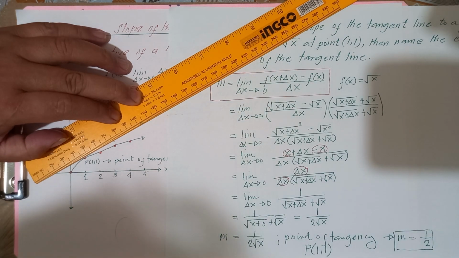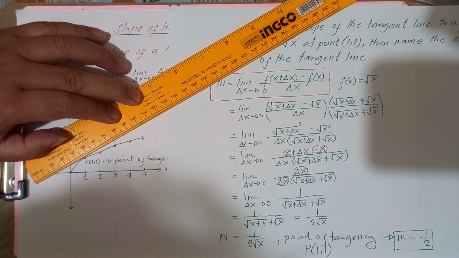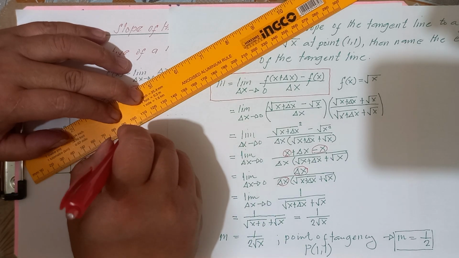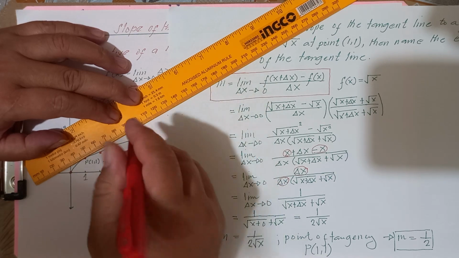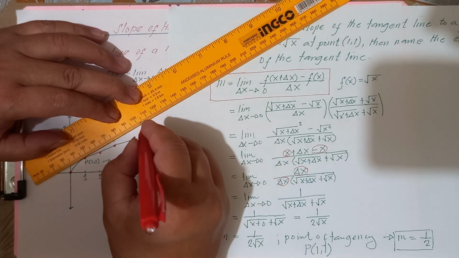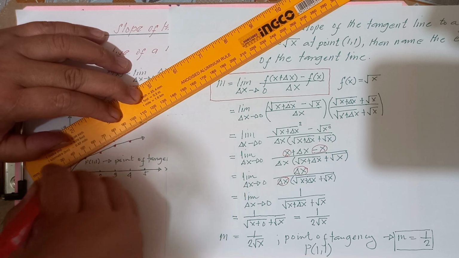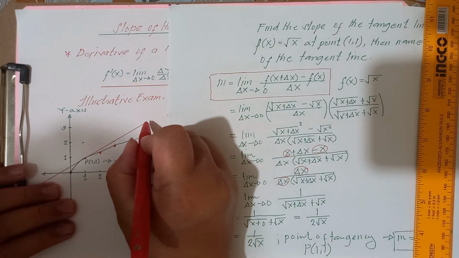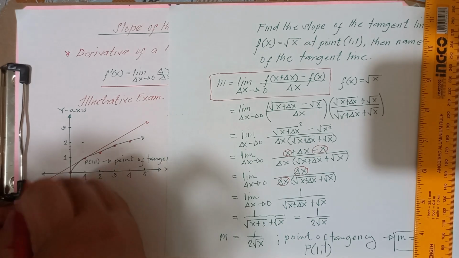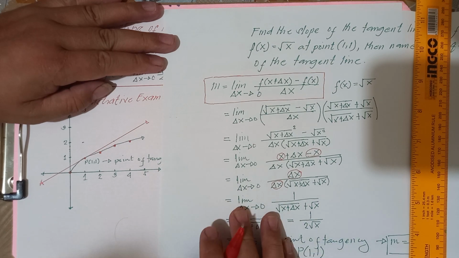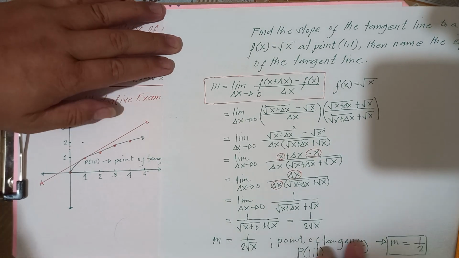So with that, we can draw now the point of tangency that we are talking about. We have in here now our point of tangency. Try to look at how we draw the tangent line. Notice that our tangent line now is actually this one.